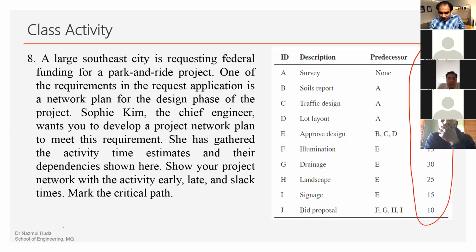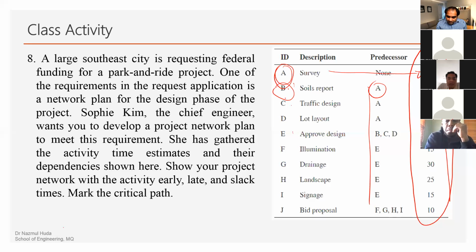From the duration, you should have a clear understanding of how much time A should take to complete, and how B, C, E, all these activities are related, and what the total duration is. Once you have this table, it's very easy to form the network diagram. So you start from A. Now B is preceded by A, C is also preceded by A, D is also preceded by A. So A is the burst activity that is bursting into B, C, and D.